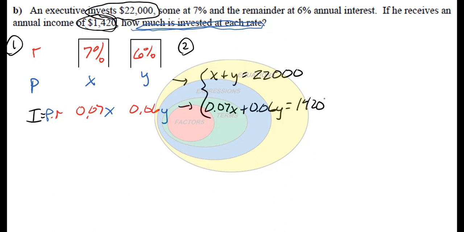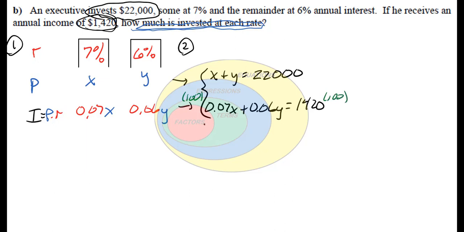And now I want to solve these. So the first thing I'm going to do to solve is get rid of the decimal points in my second equation. So I'm going to clear decimals here. I'm going to multiply the bottom equation by 100 on both sides and rewrite my system.